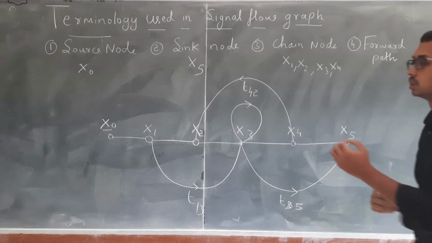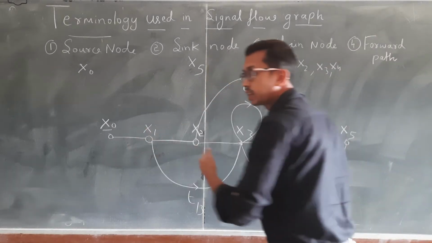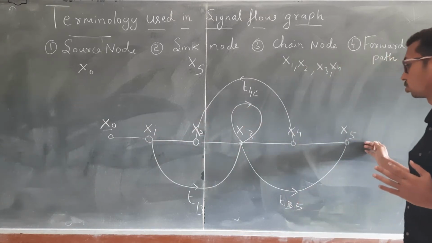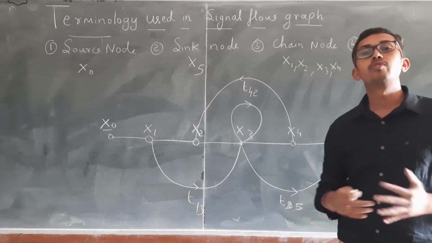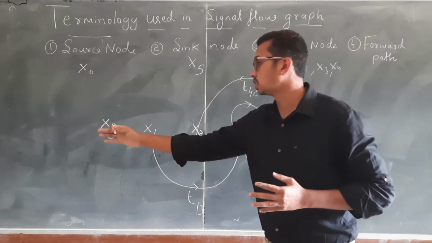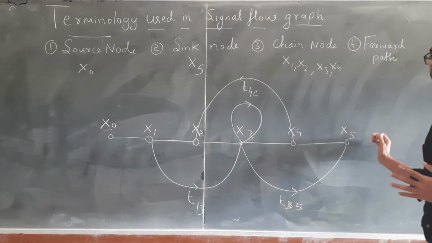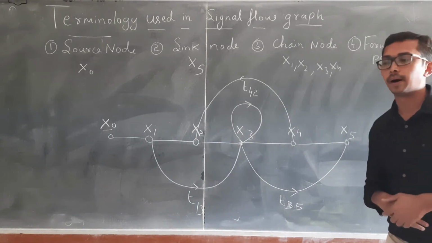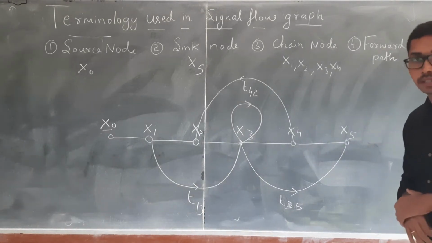Now what is the meaning of forward path? It is a path along which we can travel from the source node to the sink node. What are the various paths to transmit the signal from the source node to the sink node? We call those forward paths. So here, how many forward paths are there?